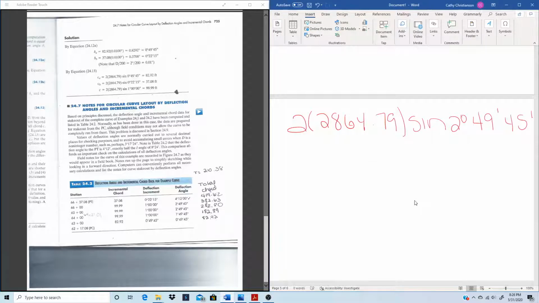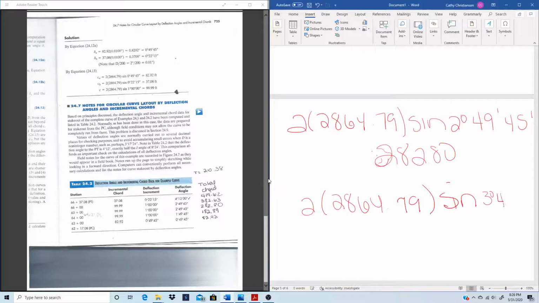And that should give you 282.80. My handwriting's getting kind of messy. And then the one for 66: 2 times 2,864.79 times sine 3 degrees, 49 minutes, 45 seconds, and that's 382.63.